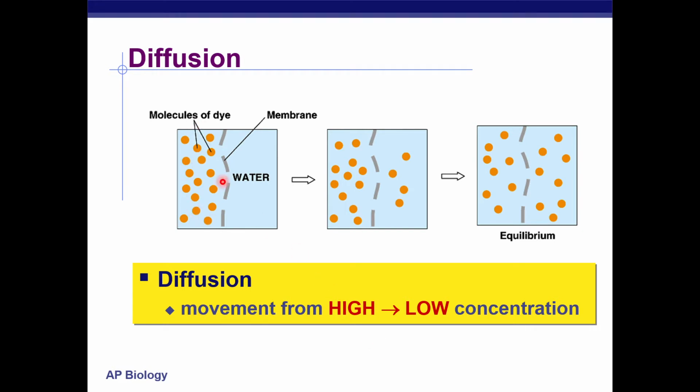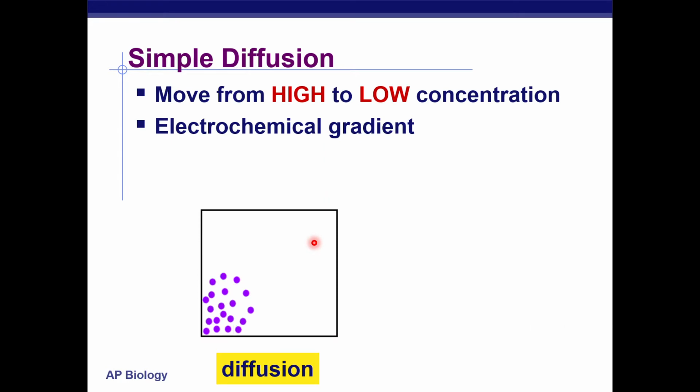So these molecules of dye are going to move along their concentration gradient according to molecules of dye. If we had molecules of dye and salt in here, the salt is going to move along its concentration gradient. The dye is going to move along its concentration gradient, and that's going to be separate of each other. They're not going to work together. So simple diffusion, we're moving from a high concentration to a low concentration.